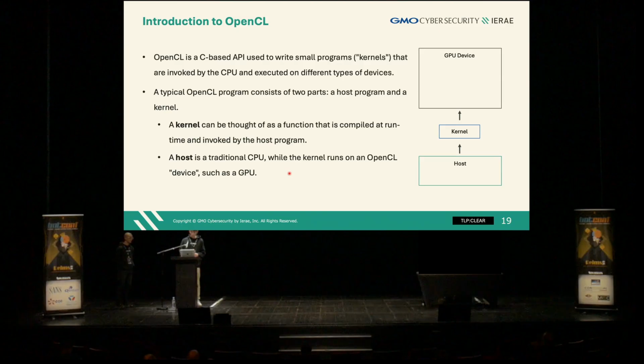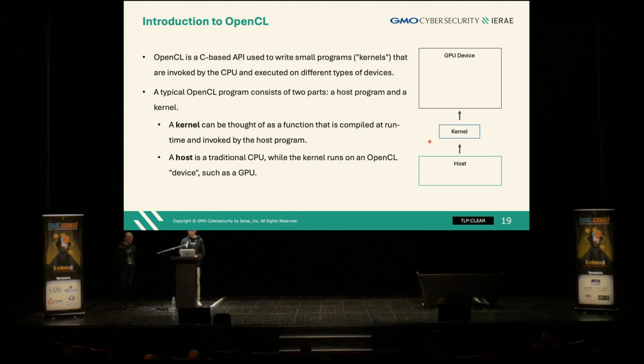So what is OpenCL? Well, it's basically a C-based API that's used to write these small programs called kernels that are invoked by the CPU and then executed on a different device. In the malware's case, this is a GPU. So an OpenCL program, if you visualize this, consists of 2 parts: the host program and then the kernel.